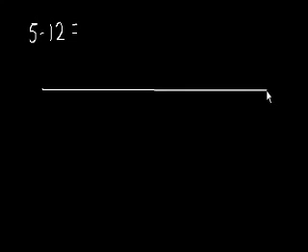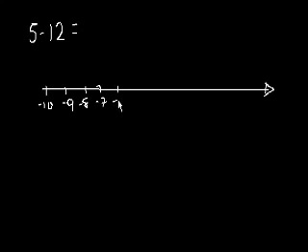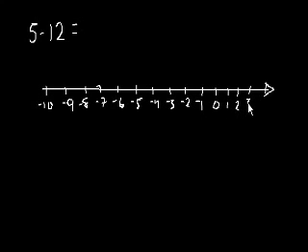Minus 10, minus 9, minus 8, minus 7, minus 6, minus 5, minus 4, minus 3, minus 2, minus 1, 0, 1, 2, 3, 4, and we'll put 5 right here. I should have this pre-drawn.